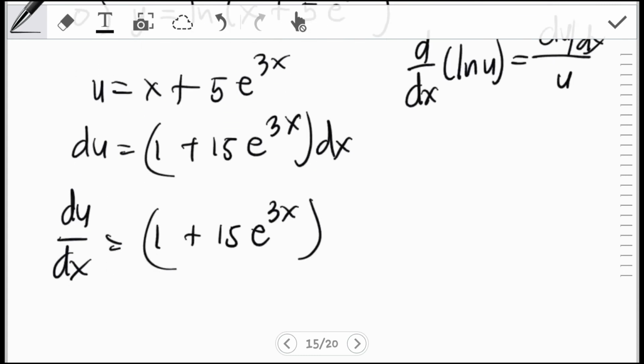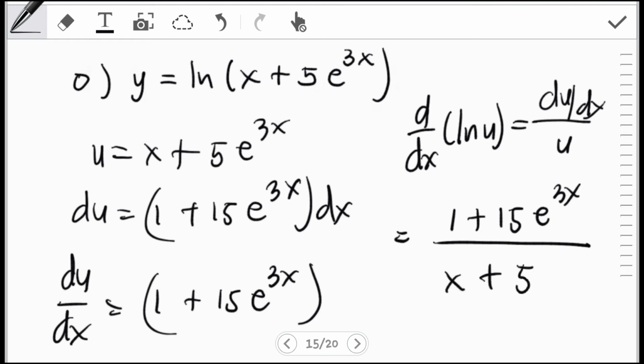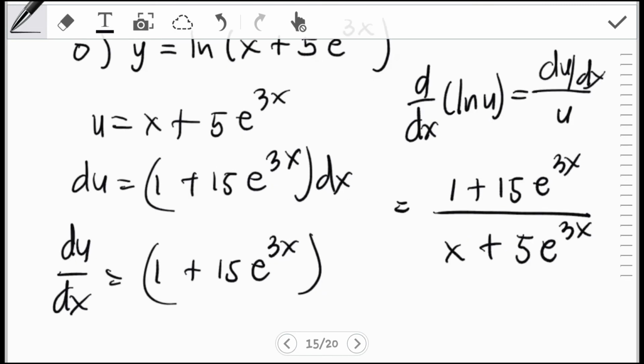Okay. So equals, where du over dx is the derivative of u. So therefore, 1 plus 15 e to the power 3x over where u is x plus 5 e to the power 3x. Okay. So that is the final answer.